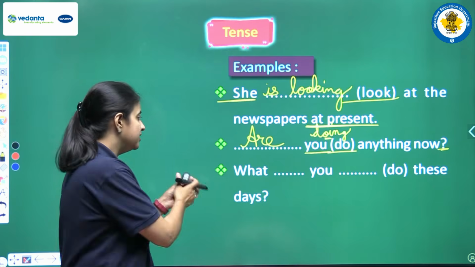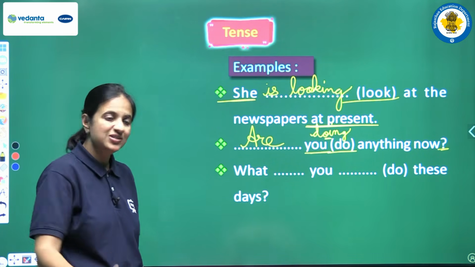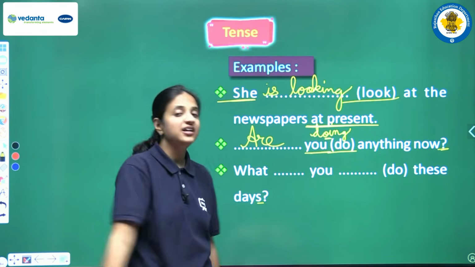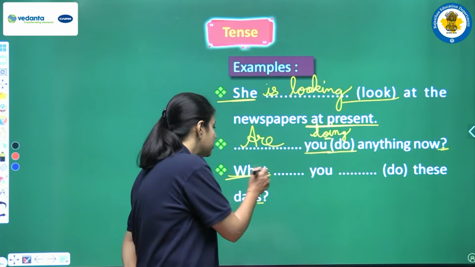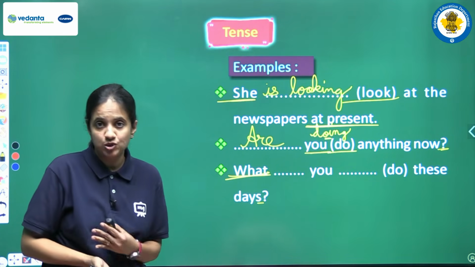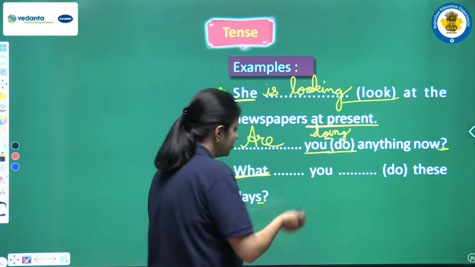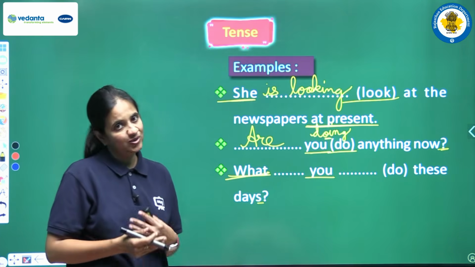Okay. Next is what you do these days. Again it's an interrogative sentence because we have a question mark at the end of the sentence, and in this interrogative sentence we have one question word at the beginning. Okay, we have one WH word. So again we will write the helping verb here, main verb here. Helping verb we will add according to the subject.